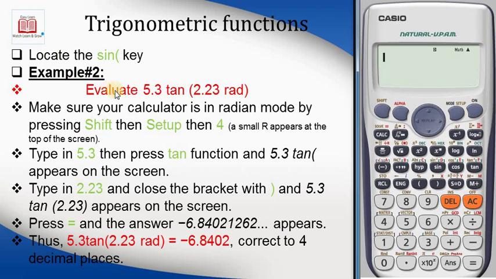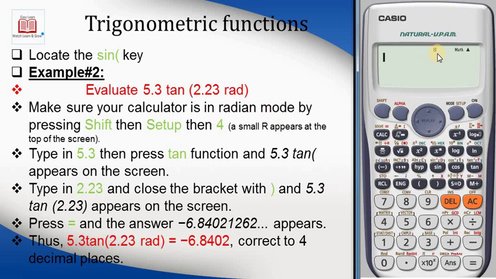Now we want to evaluate another function here, but you can see that here it is 5.3 tan, but in brackets 2.23, this is radians, and here RAD is the short form of radians, so we have to make sure that our calculator is in radians mode.